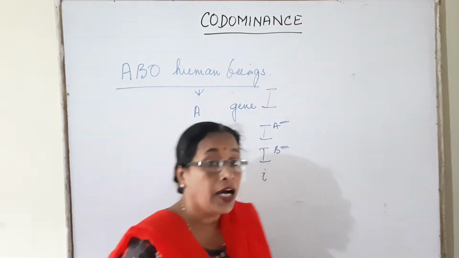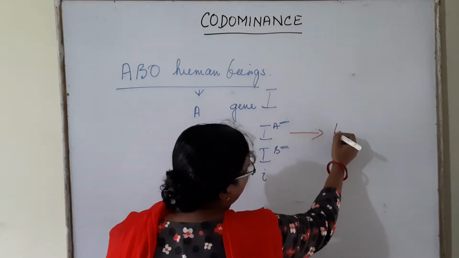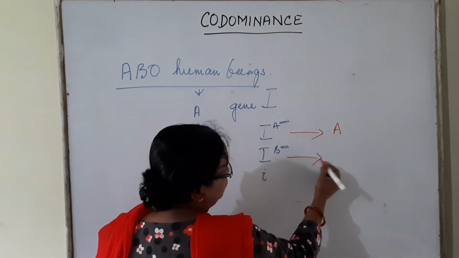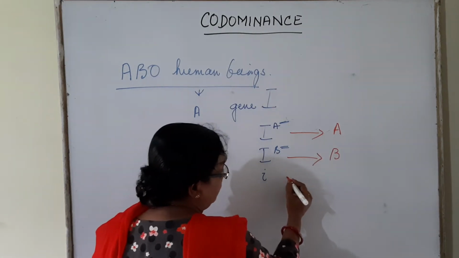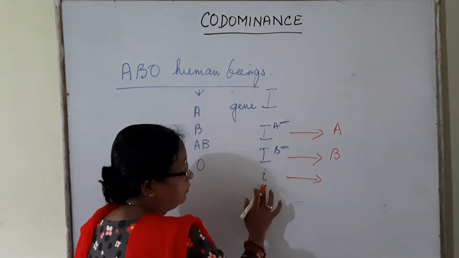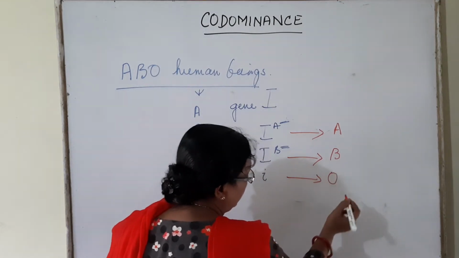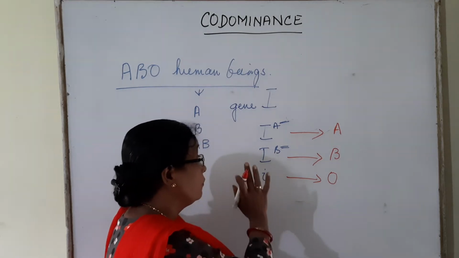The allele IA produces glycoprotein A. The allele IB produces glycoprotein B, and the recessive i has no glycoprotein, it does not produce any type of glycoprotein. So this is recessive.